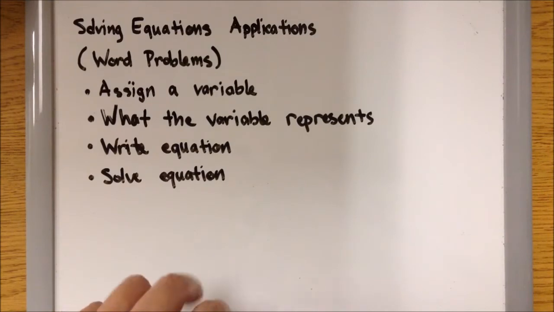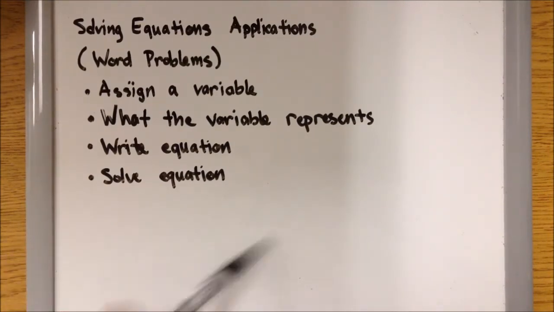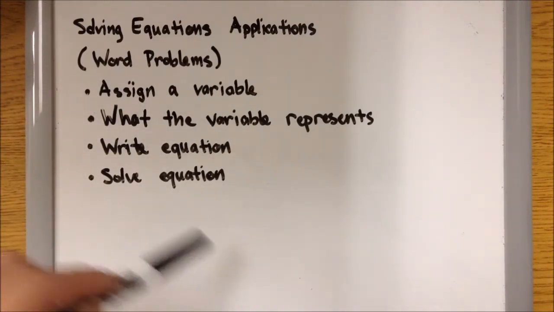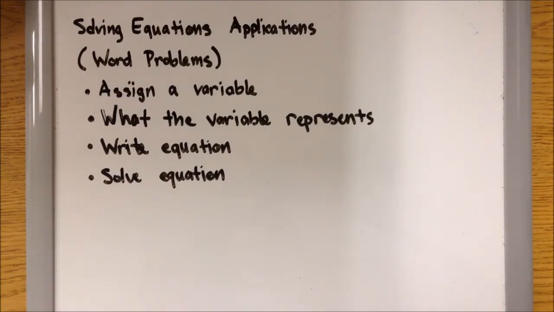So it's important that you write out all the information, meaning you list it out, visually easily see what you have, and then connect them. What is the variable, what does it represent, write out your proper equation, and then solve it to get your correct answer. So follow these points, and we're going to start solving equations given word problems.